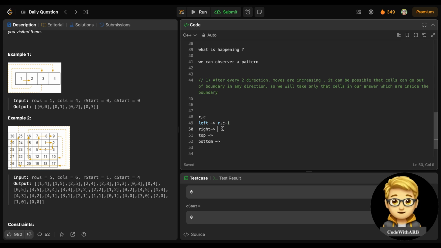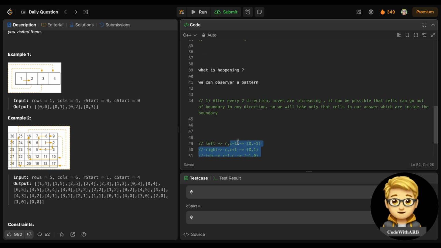For right, you increase the column. For top, you decrease the row and the column stays the same. For bottom, the row increases and the column stays the same. You can write it as (0, -1), (0, +1), (-1, 0), and (1, 0) for left, right, top, and bottom if you want to move in r, c. We will use this in our implementation.